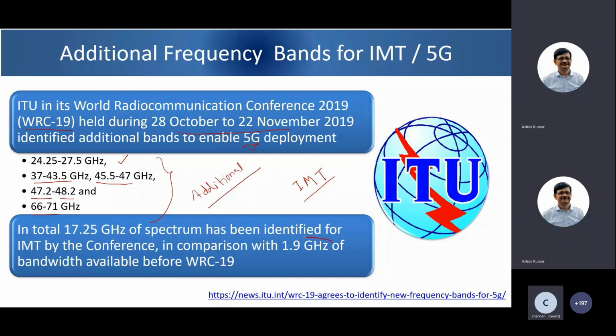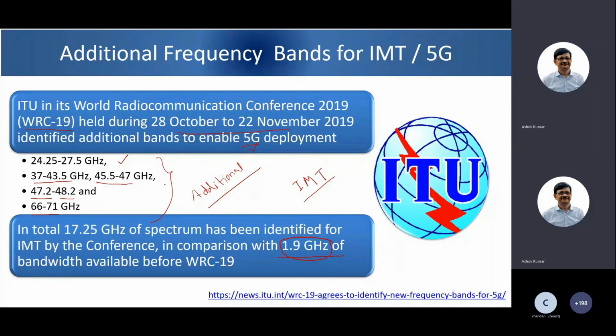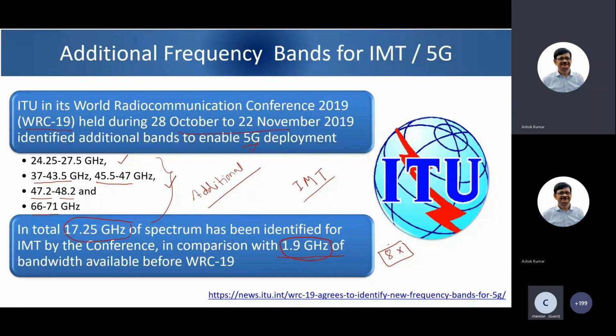If you add up the total channel bandwidth, prior to WRC 19 the bandwidth allocated for mobile or IMT was only 1.9 gigahertz. And with this allocation, it became 17.25 gigahertz, please note this down. So you can imagine it's almost 8 times increase from the previous identification by ITU.